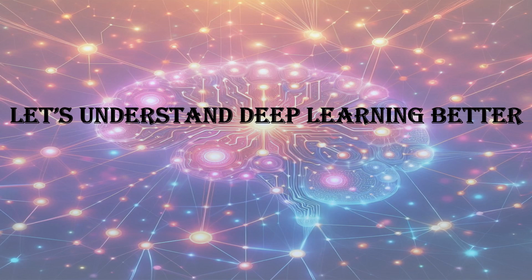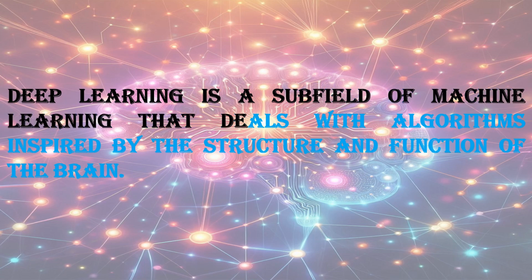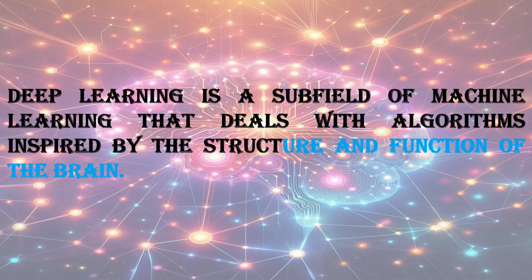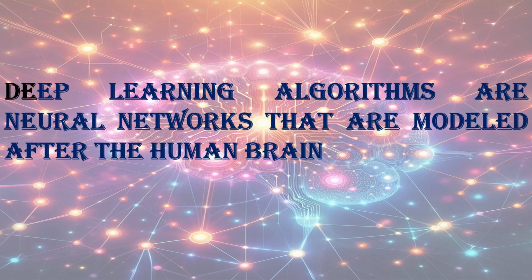Let's understand deep learning better. Deep learning is a subfield of machine learning that deals with algorithms inspired by the structure and function of the brain. How does deep learning work? Deep learning algorithms are neural networks that are modeled after the human brain.